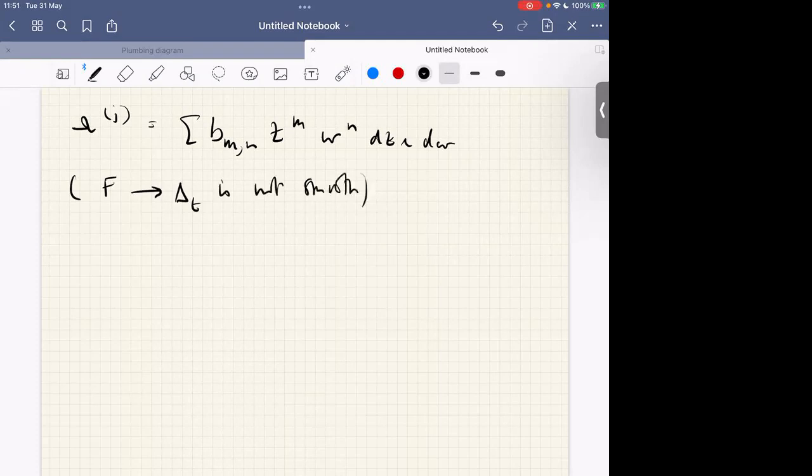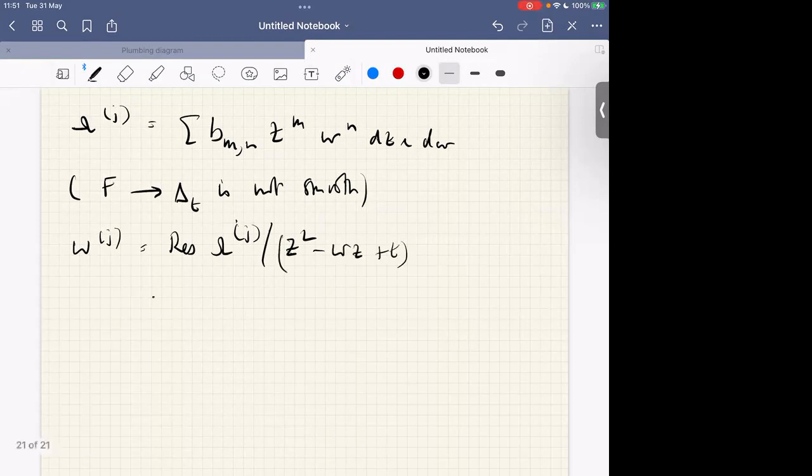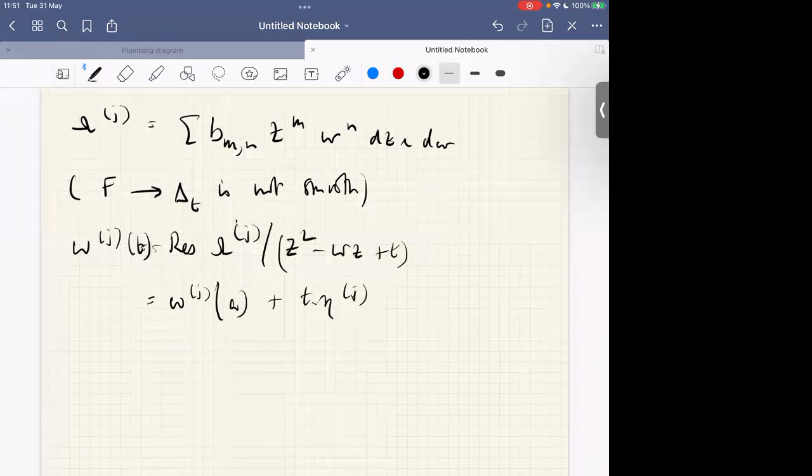But we pull back to F, so omega j is then still the residue of omega j divided by z squared minus wz plus t. And this is omega j evaluated at the point A plus t times eta j, modulo t squared.